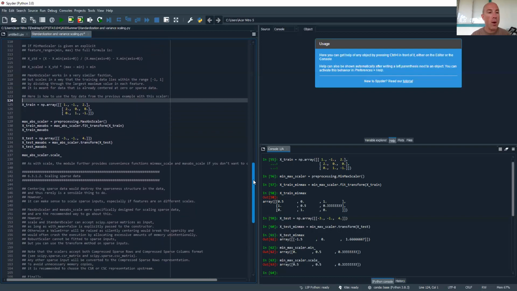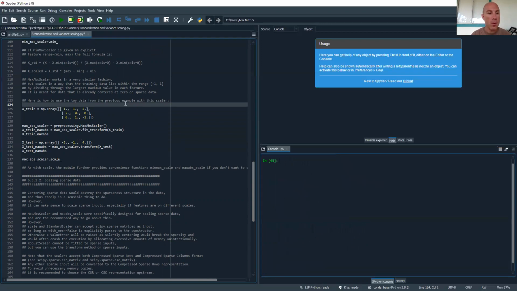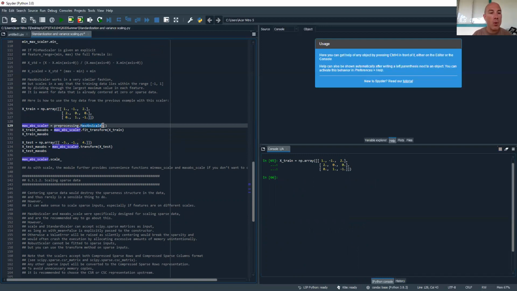All right, the next one we want to look at is transforming, instead of from 0 to 1, from -1 to 1. Let's take a look. So here is our training data. Once again, now I'm going to do maximum absolute scalar.